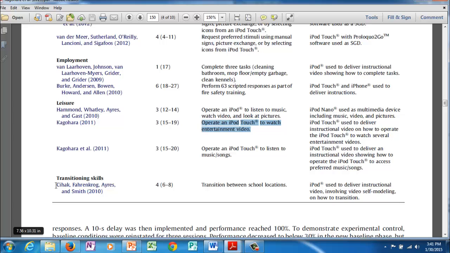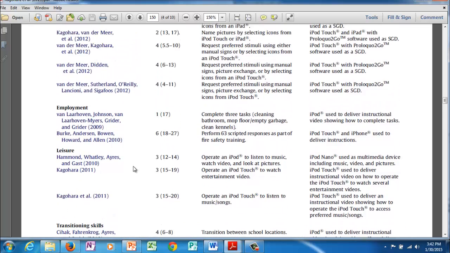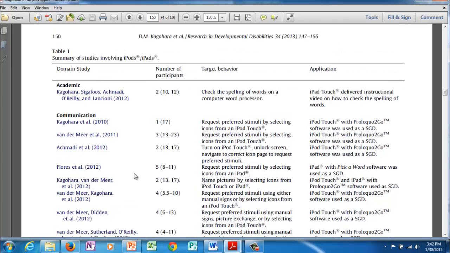And then lastly, of those 5 articles I showed you at the beginning, there was one that used video modeling with iPods to teach students how to transition. And that was this article, the Seahack et al. article.